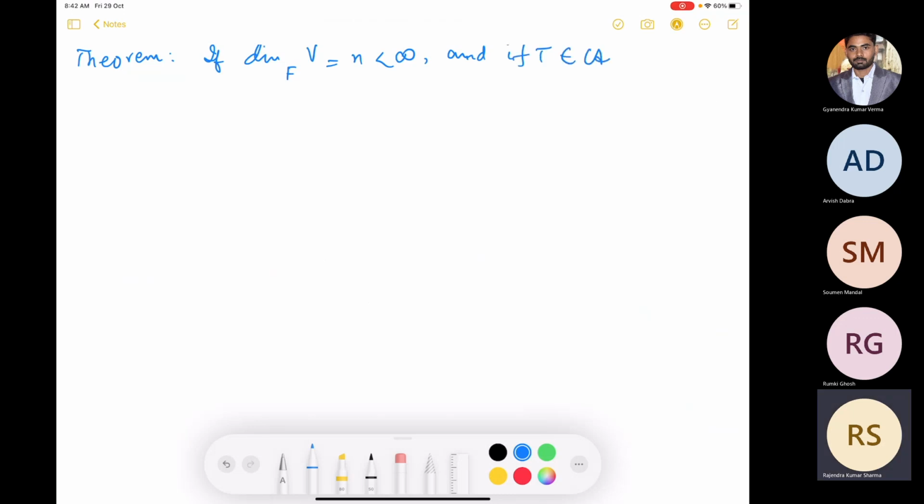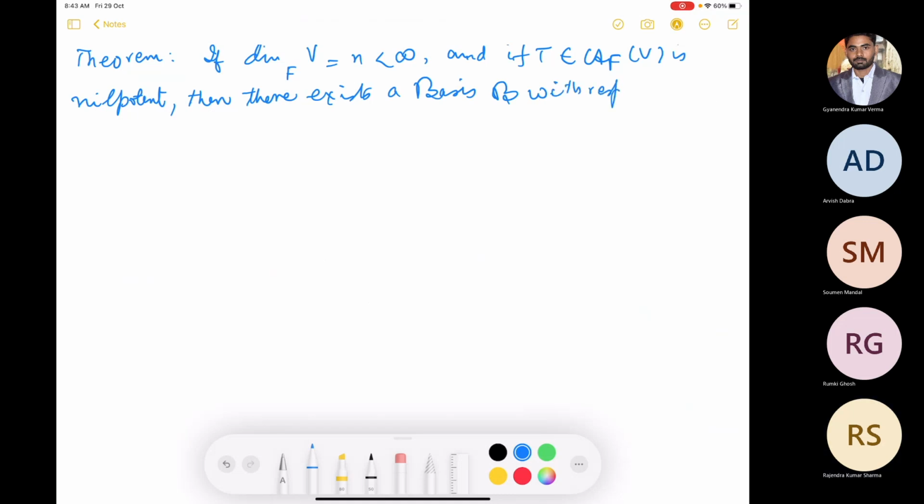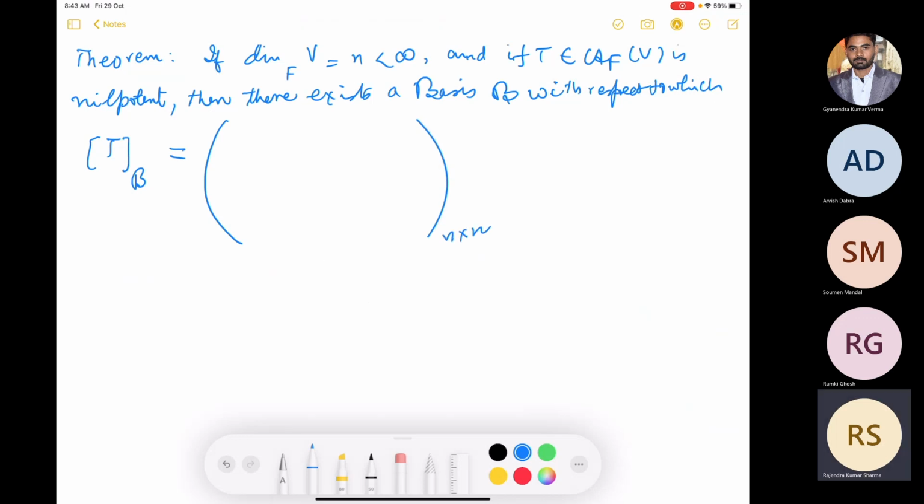If T here is nilpotent, then there is a basis B with respect to which the matrix of T is n by n and is a block diagonal matrix with blocks M_n1, M_n2, up to M_nk or M_nr, whatever you want.